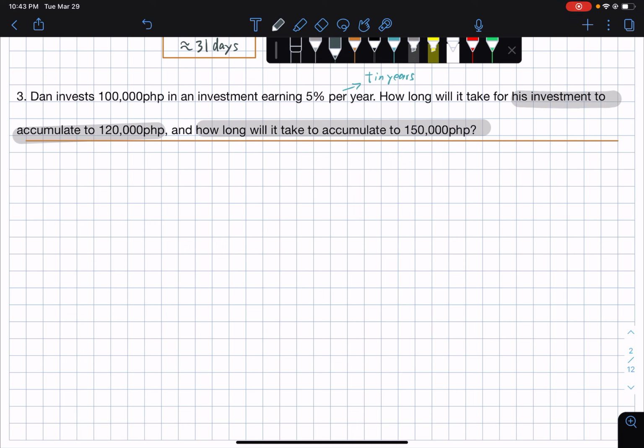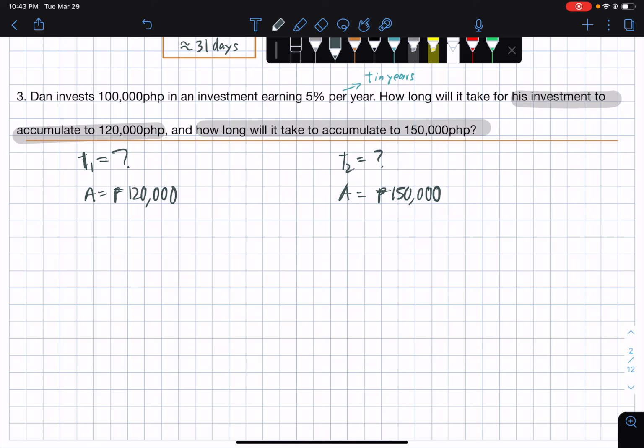One answer would be t sub 1, that corresponds to 120,000 pesos as the final amount, and t sub 2, provided that the A, or the final amount, is 150,000 pesos.